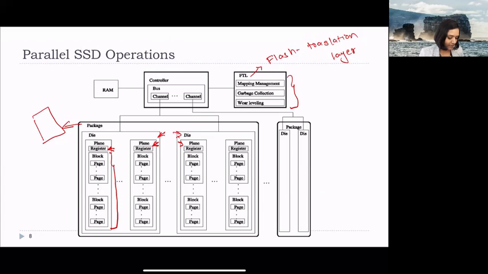Because each die is independently connected with its own channel, we can definitely exploit channel-level parallelism, where we can issue different IOs to different dies. Again, there are some restrictions on whether we can issue simultaneous reads or writes within the planes of different dies.